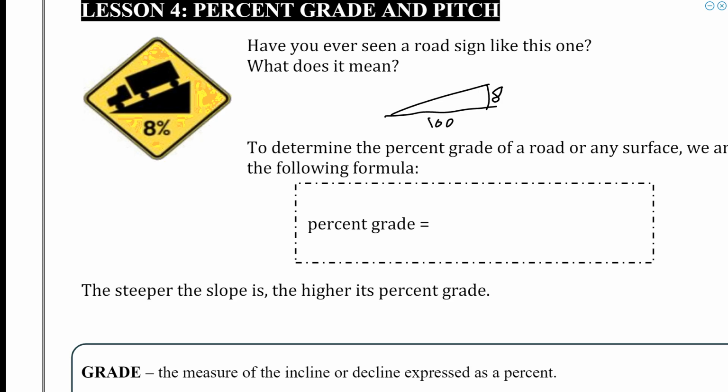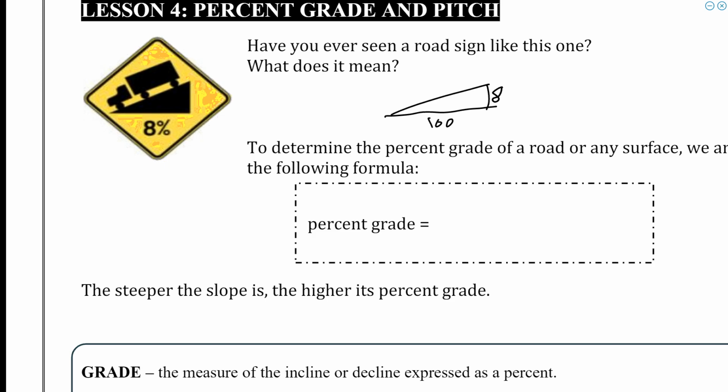A flat road would be 0 out of 100, and as you increase that percent grade, you get more and more rise versus run. And you can imagine a 100% grade is a pretty significantly steep hill.